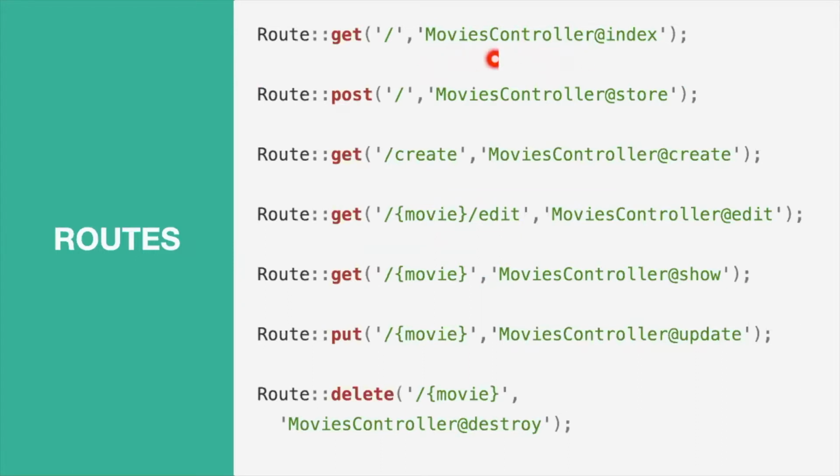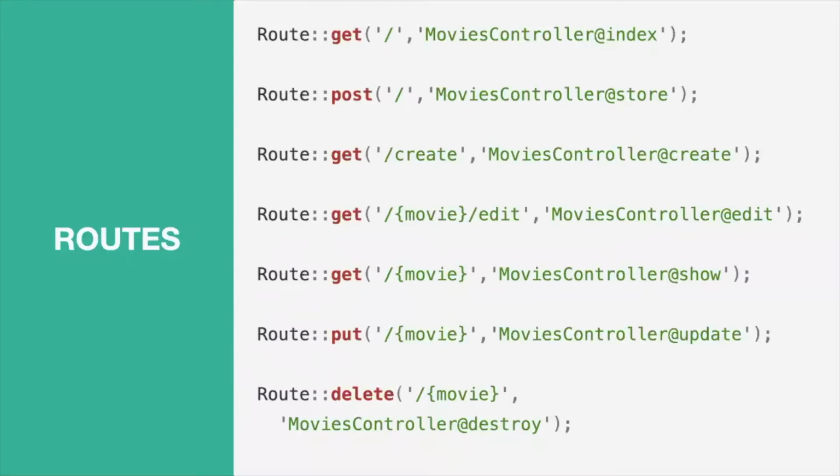Notice this is our movies controller, and then we do the @ and then this is the method we want to point to, the index method. Now notice that all of them are pointing to the movies controller. The only thing that changes is the method they point to, and then might change the HTTP verb. All right, so that was using a get. That's what we saw before.